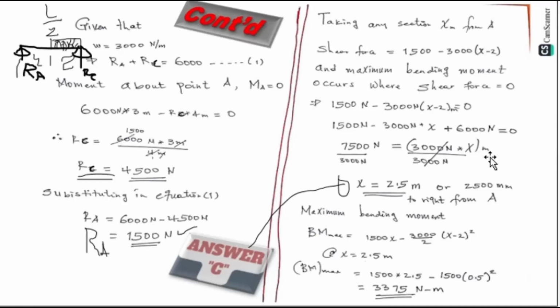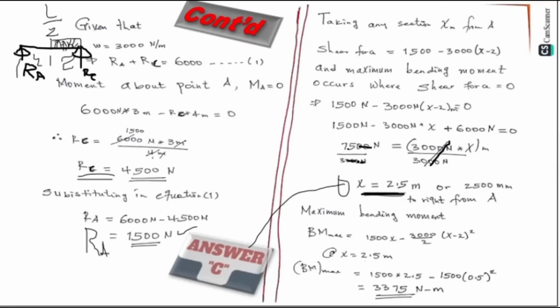So to calculate for x, we have to divide both sides by 3000. Here we have 3000 and here we have 3000 also. This part becomes 0 and this part becomes 0, and the remaining part is 7.5 over 3. Then when we divide 7.5 by 3, it becomes 2.5 meter.